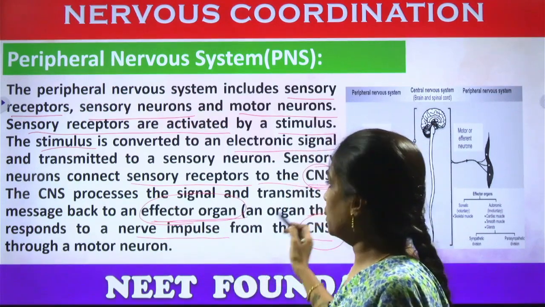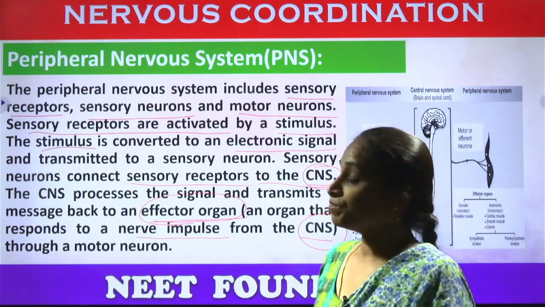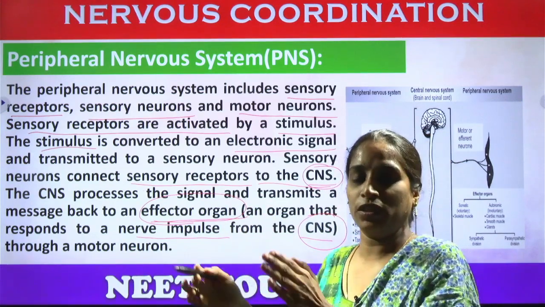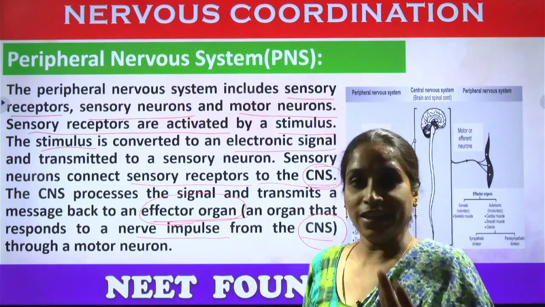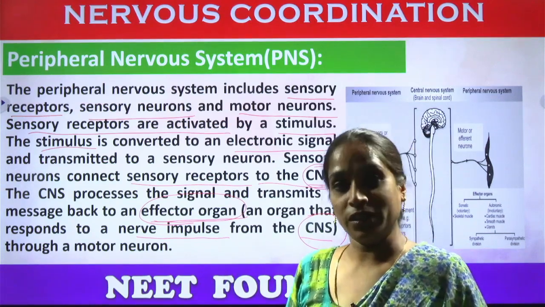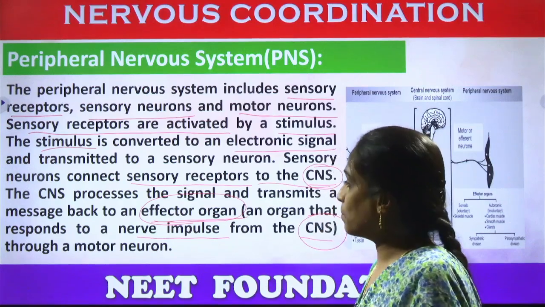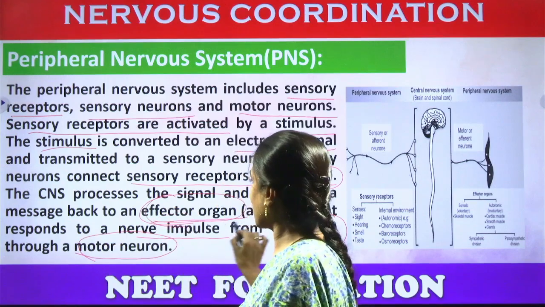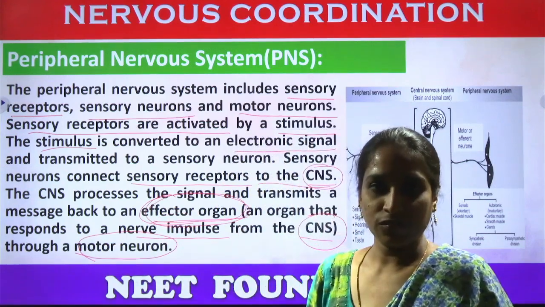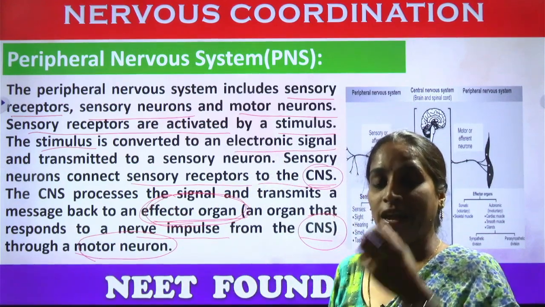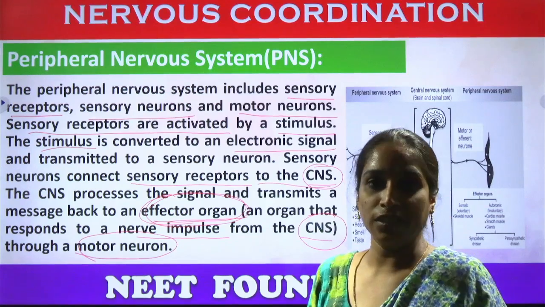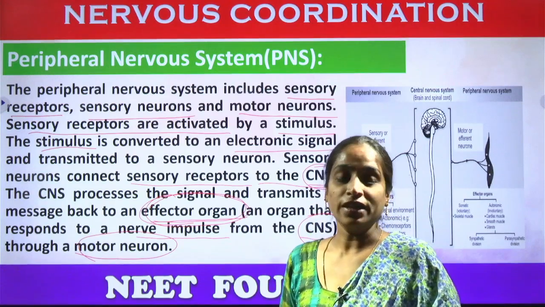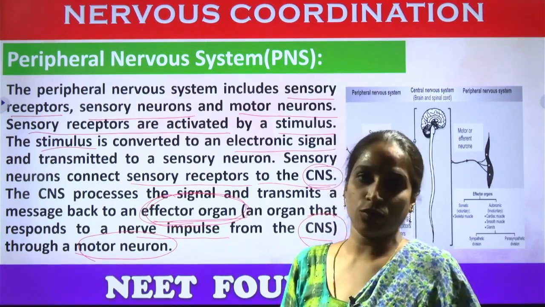Here we can observe that they are continuously receiving and generating impulses, either electrical impulses or chemical impulses. Finally, through the motor neuron, the effector organs receive the signal in the form of an impulse, and the muscles present in the body are responsible for giving the reaction. Our internal organs also give the reaction.